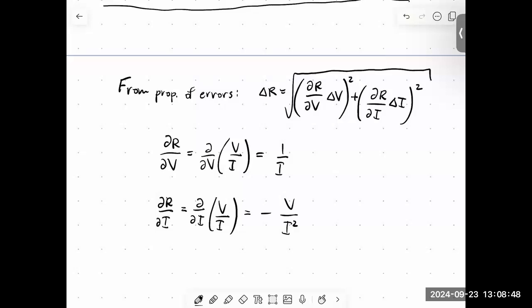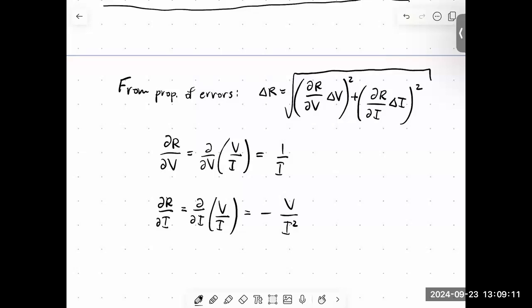Okay, it's going to turn out that for these propagation of error calculations, an overall negative sign in front of a derivative is not going to matter, because ultimately we're always going to square those derivatives.